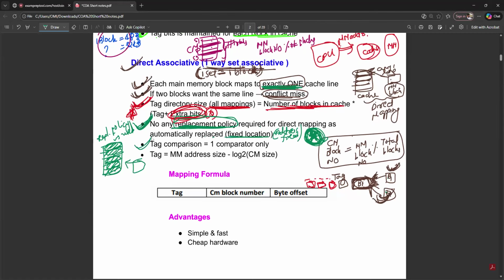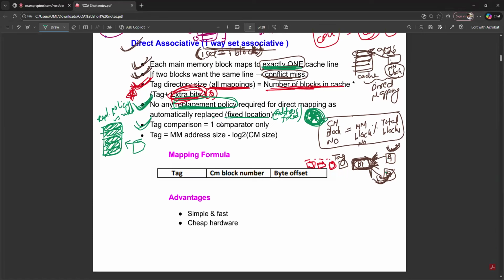Okay. Now moving to the next point: tag comparison equals one comparator only, right? You only have to compare one particular tag. If you map B4 to this particular block, you just have to compare this tag.